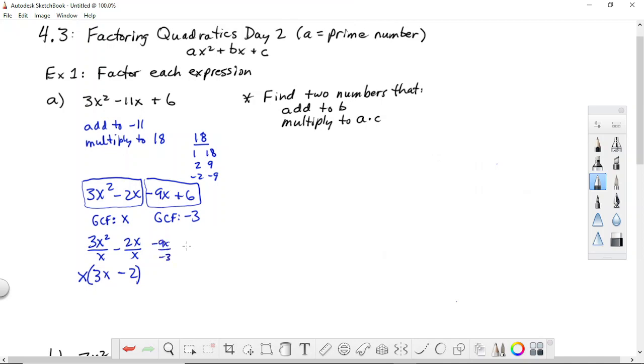So negative 9x divided by negative 3 plus 6 divided by negative 3. Let's see, negative 9x divided by negative 3 is 3x. And 6 divided by negative 3 is negative 2. And of course, what we factored out was the negative 3.